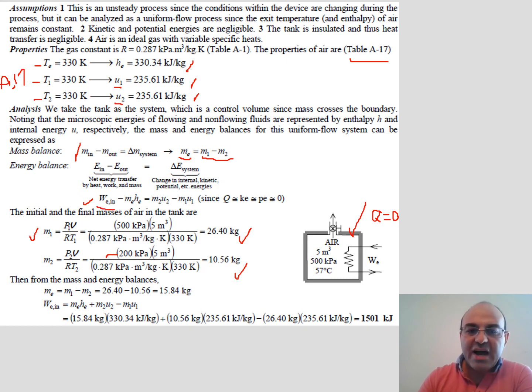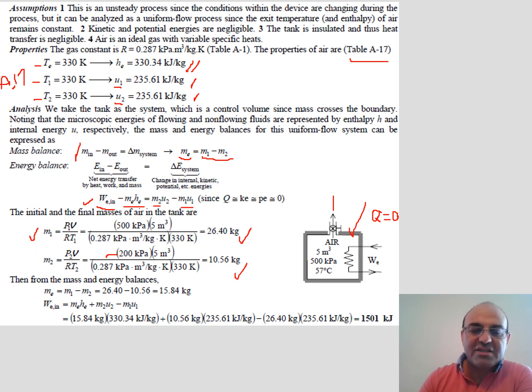And then you have energy out from the outlet. So you have this energy out is equal to m_e h_e, the exit mass, which we do have now, h_e, the enthalpy of the air which is leaving, and the enthalpy was also found up here. So we know it, and this is equal to delta U, and delta U is m2u2 minus m1u1.